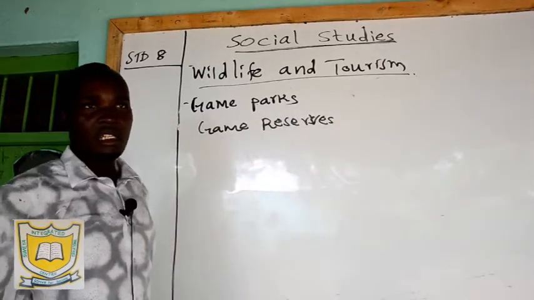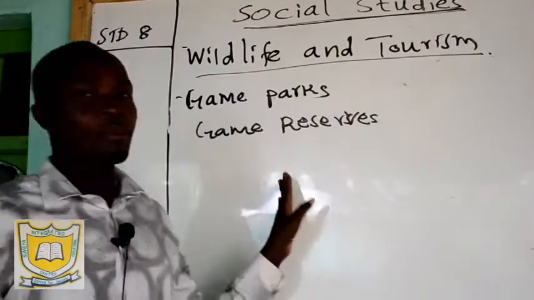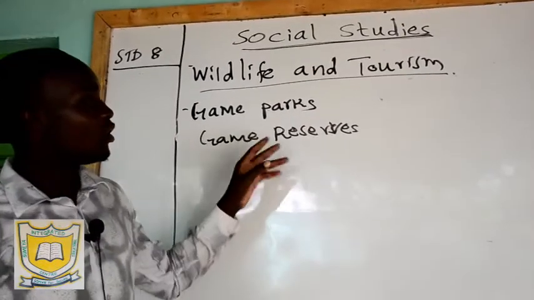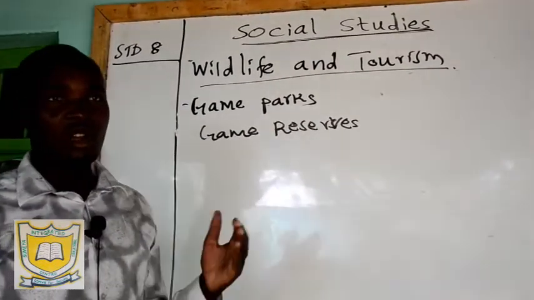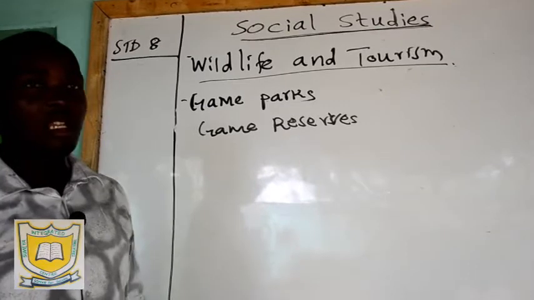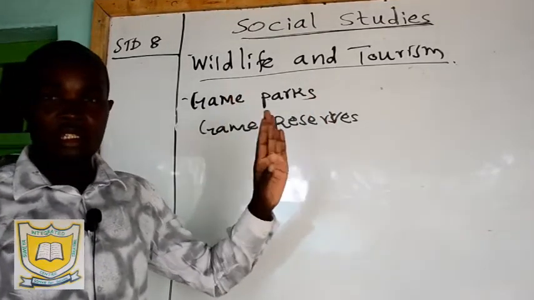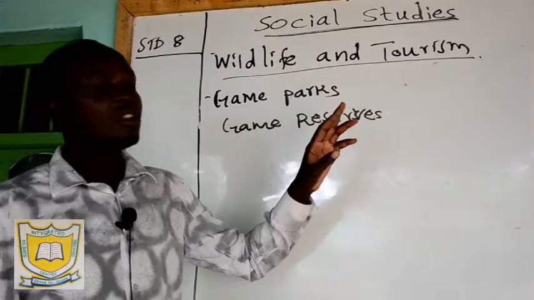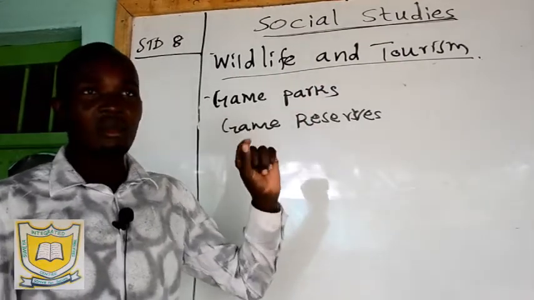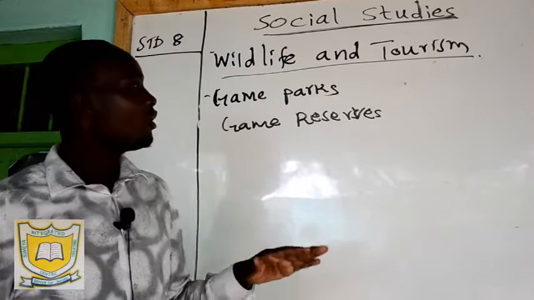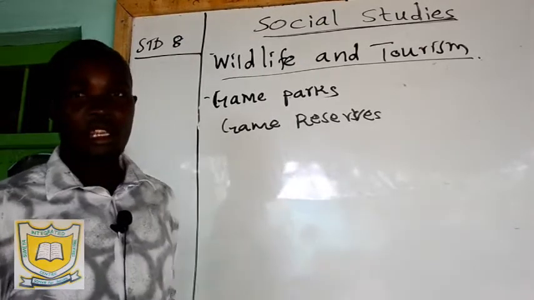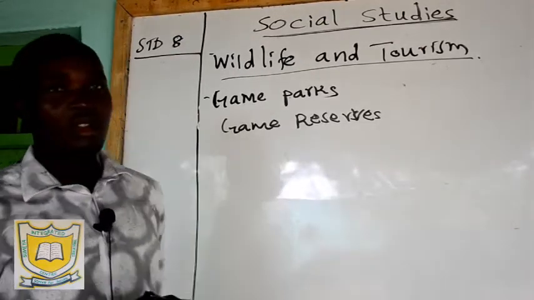The government has set aside areas where wildlife are protected. These areas are called game parks and game reserves. When you talk about the game parks, we are looking at areas where the government has established that animals are well protected. No one is allowed to go and graze animals there or look for firewood in those areas. Those are what we call the game parks.